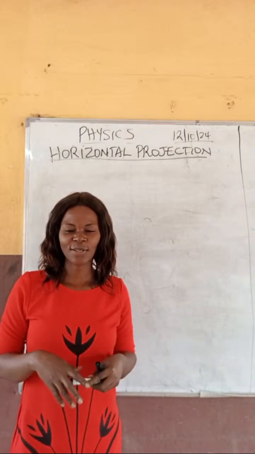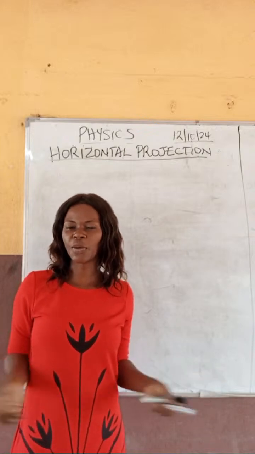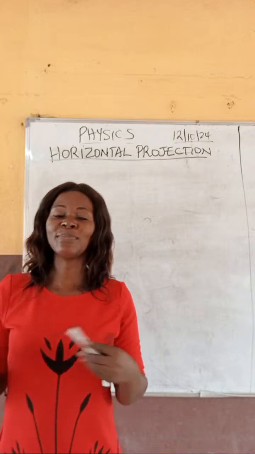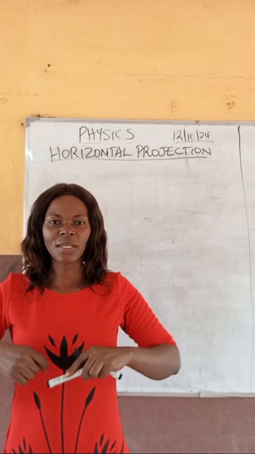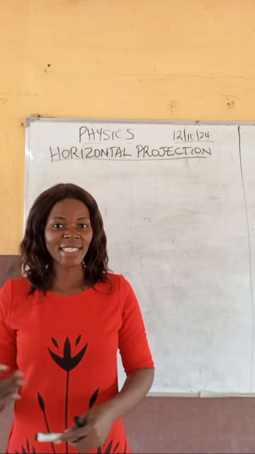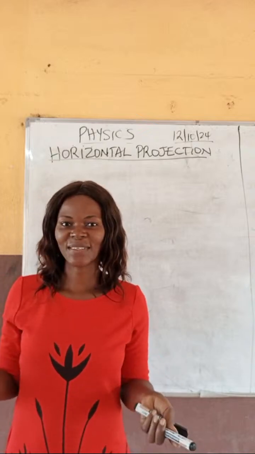What is that? Horizontal. How can the object be projected horizontally? For an object to be projected horizontally, it means that this particular object must be projected from a certain height for it to move horizontally. That's what they mean. Okay?